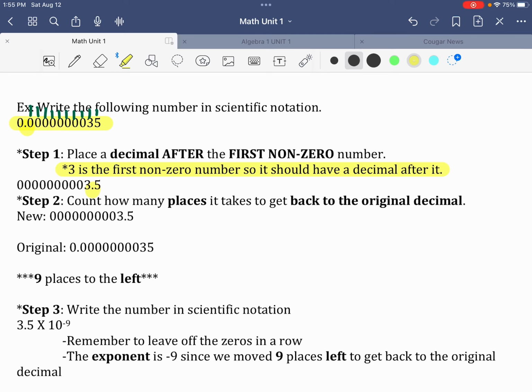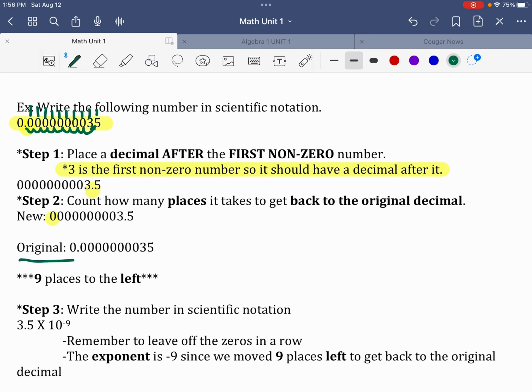Now count how many places it takes to get back to the original decimal. I'll count from here: 1, 2, 3, 4, 5, 6, 7, 8, 9. We had to move it behind the 3, which made it move 9 decimal places.